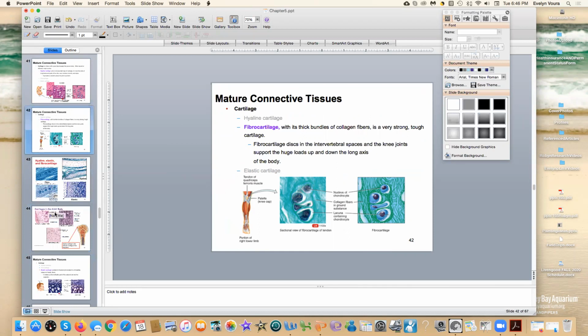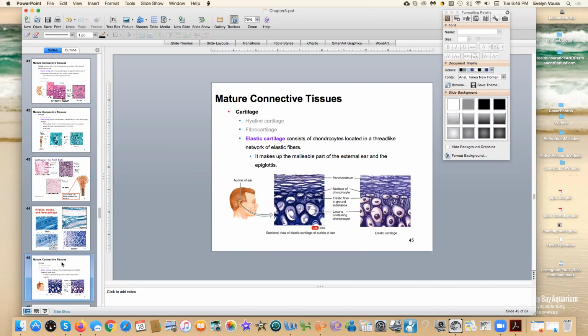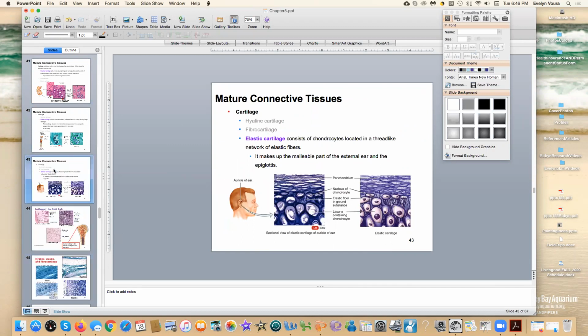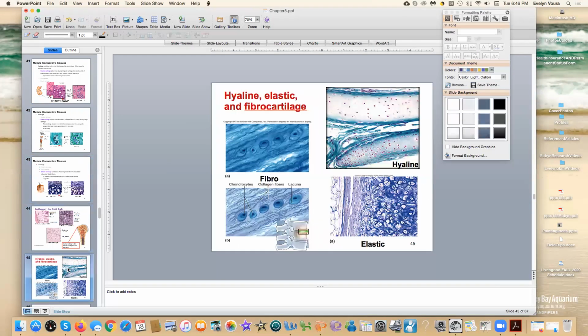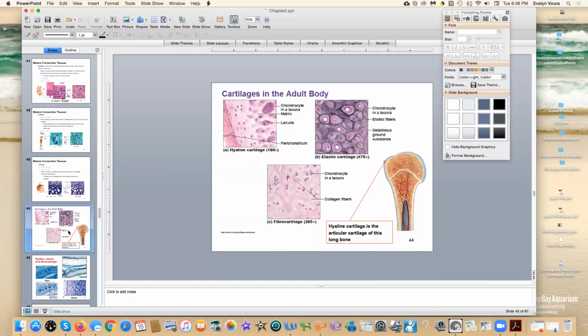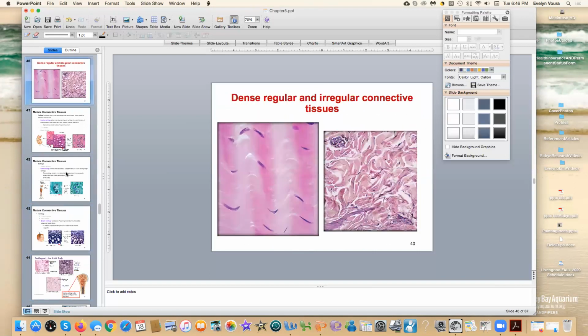When you're looking at it in my notes. I'm going to keep that there, and I'm going to keep this one, elastic cartilage, there. And then you'll have the two views. You'll have my view and then the other view. All right, so hopefully that doesn't throw you when you go through the video.